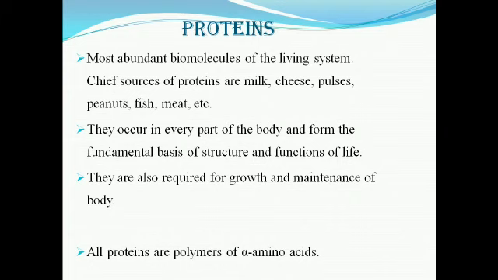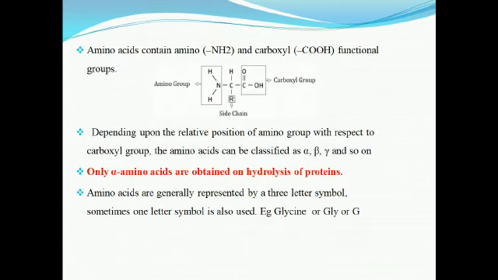All proteins are polymers of alpha amino acids. Amino acids contain an amino group, that is NH2 group, and a carboxyl group, COOH functional group, is present. Depending upon the relative position of the amino group with respect to the carboxyl group, amino acids can be classified as alpha, beta, or gamma.